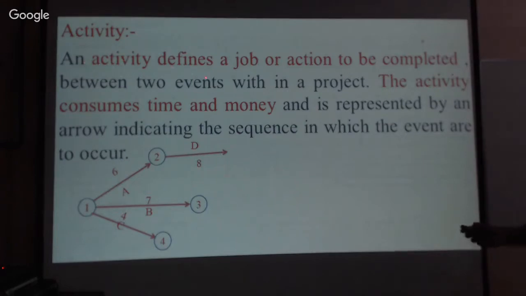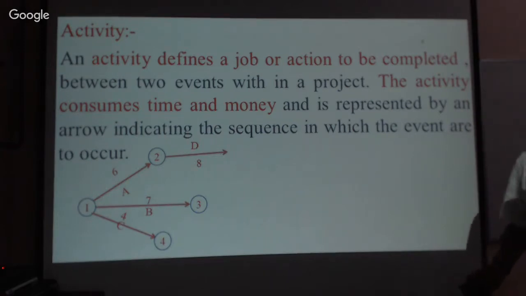An activity defines a job or action to be completed between two events within a project. The activity consumes time and money and is represented by an arrow indicating the sequence in which the events are to occur. This is the activity between the two events, event 1 and event 2.